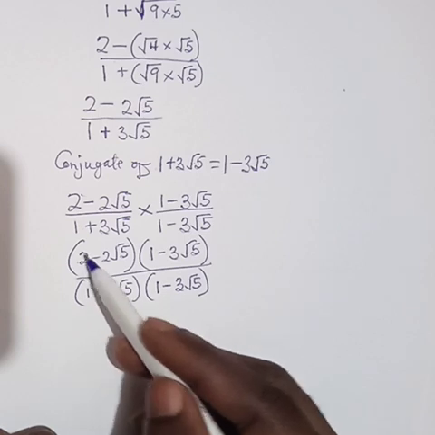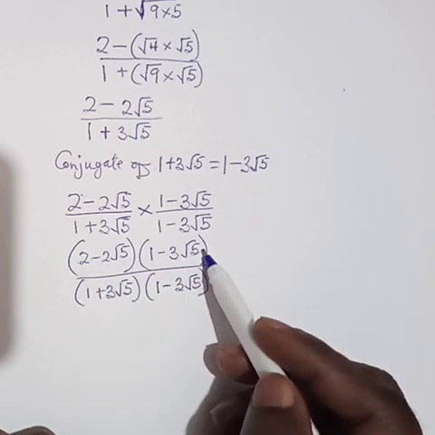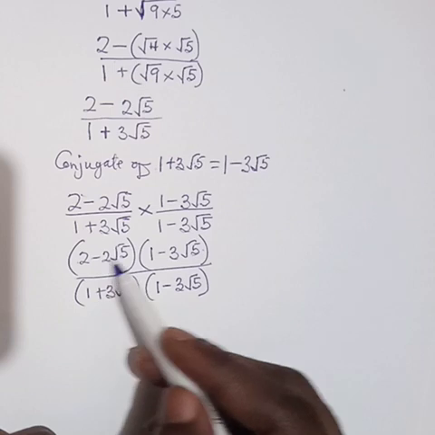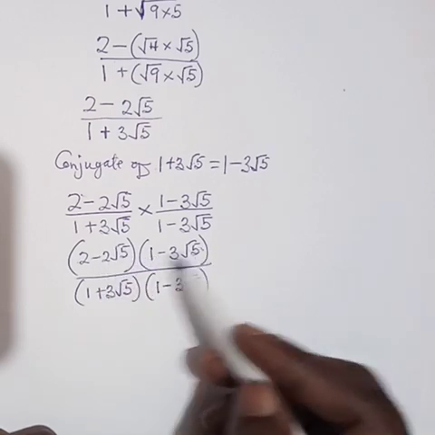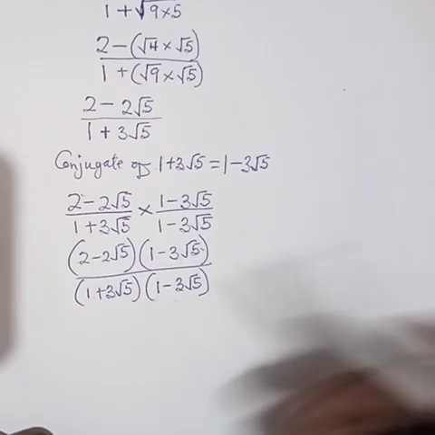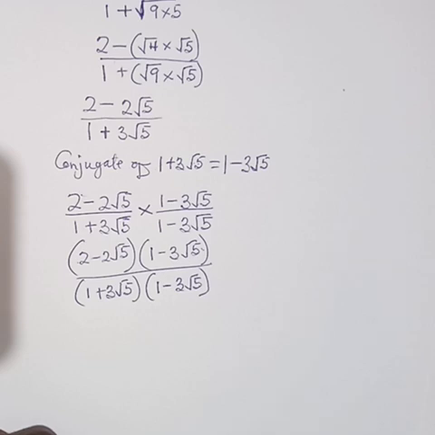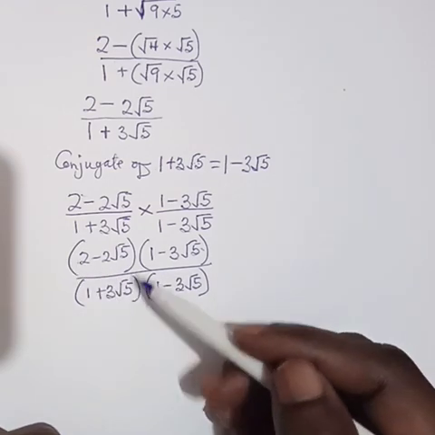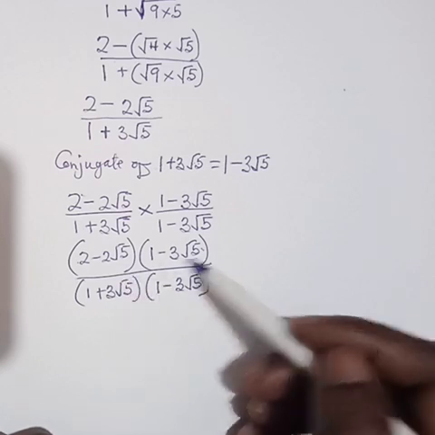We take this first term to multiply the whole of this, and then when we finish, we take this also to multiply the whole of this. So in other words, we are removing the bracket.